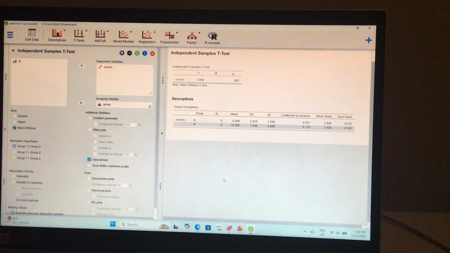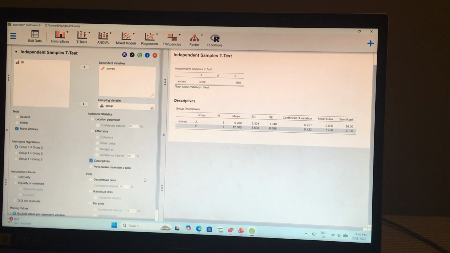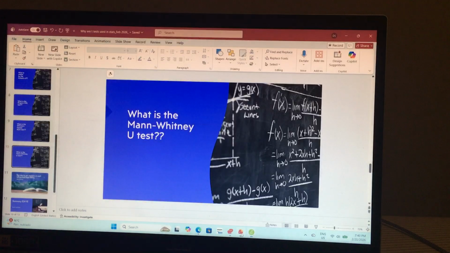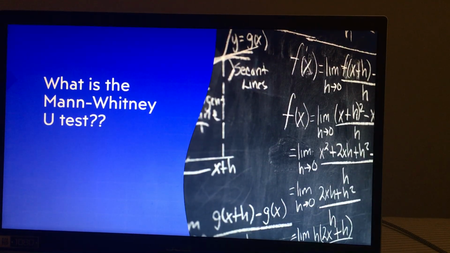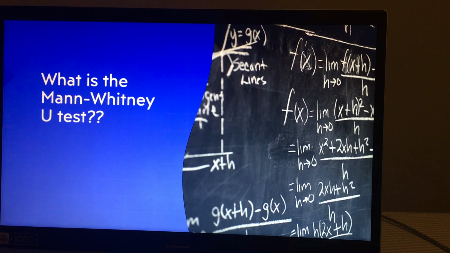And to summarize, non-parametric tests like the Wilcoxon signed rank test and the Mann-Whitney U test, right? These are the non-parametric tests.